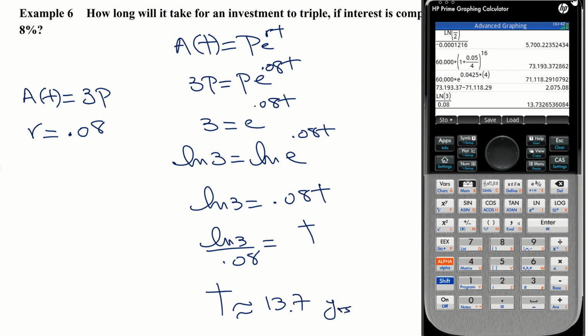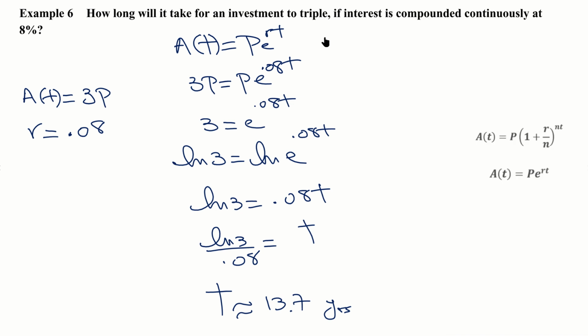So any investment of any amount, as long as it's earning interest compounded continuously at 8%, is going to take 13.7 years to triple in amount. And that's how you do that one.